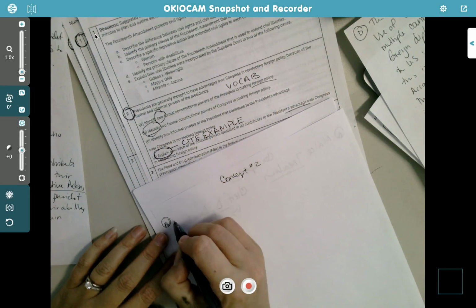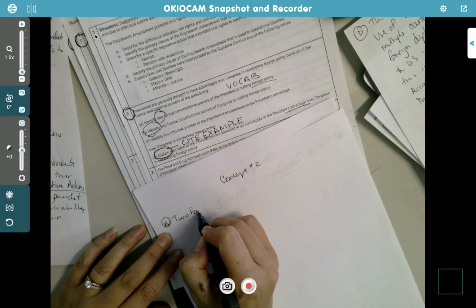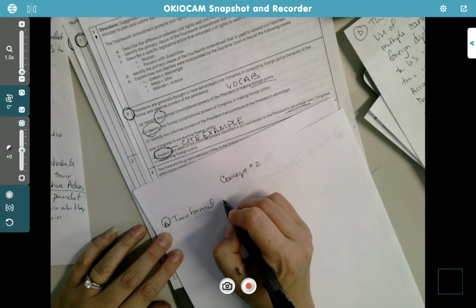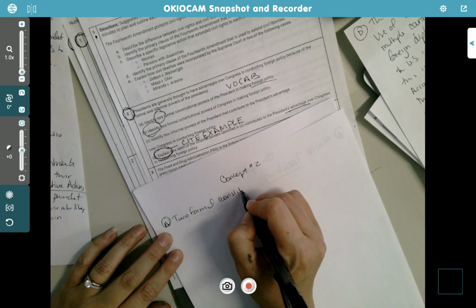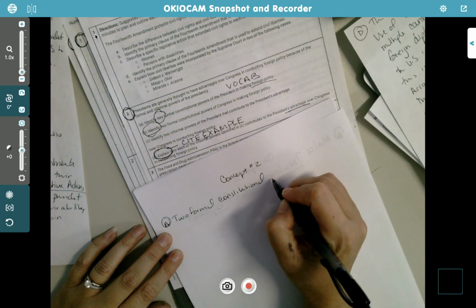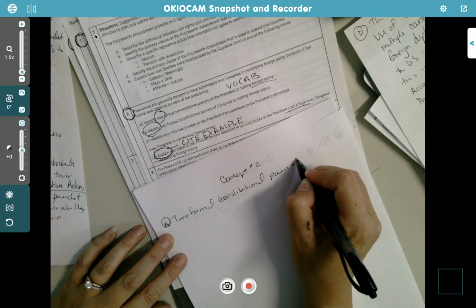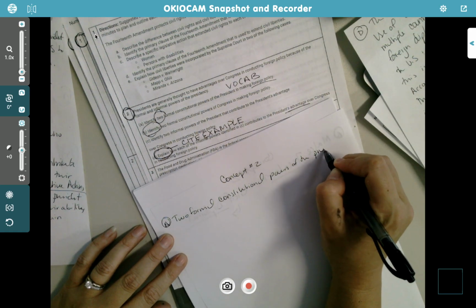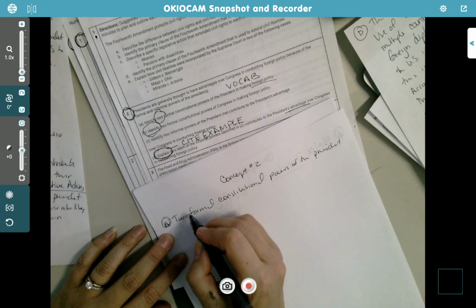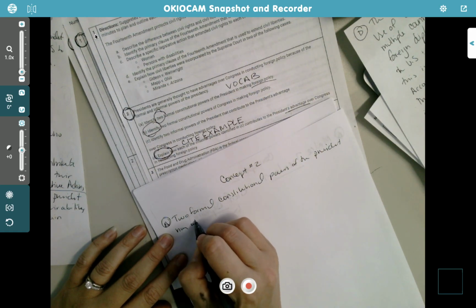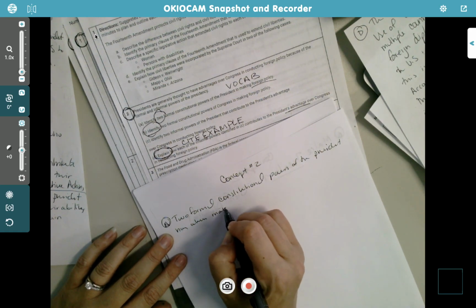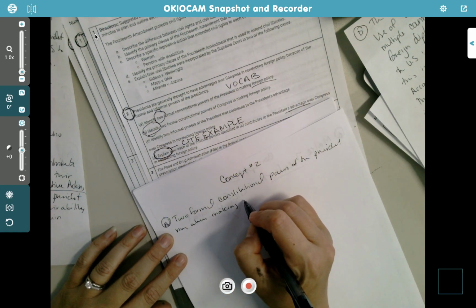Okay. Two formal constitutional powers of the president when making foreign policy. What am I doing right now? Re-saying the prompt.